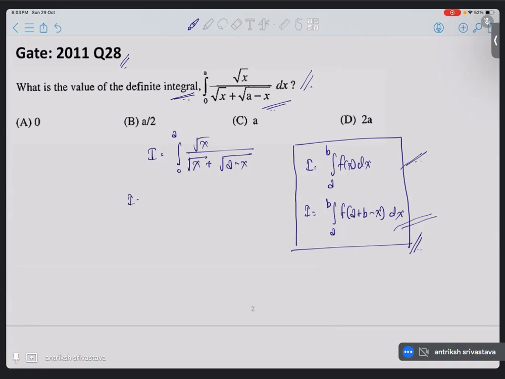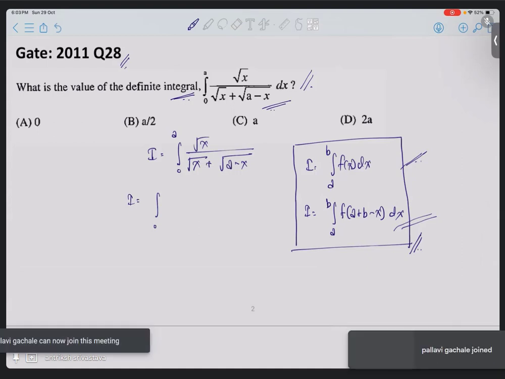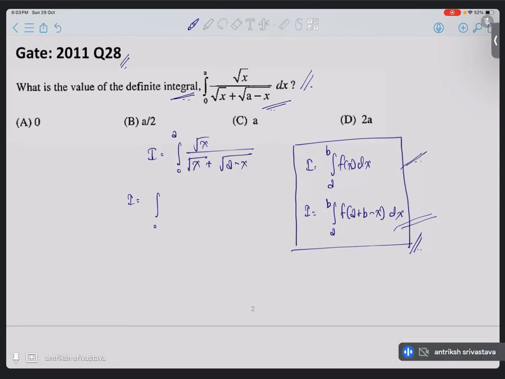So when I write this integral again in the other form using the limits, we get root under a minus x, because a plus 0 minus x, and we get a minus x plus a minus x dx.